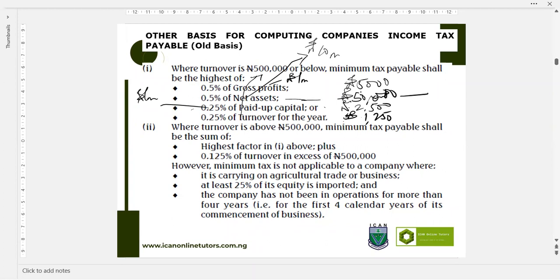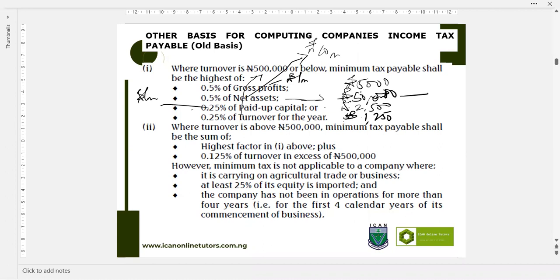The net assets. Okay. So if you do 0.5% of 10 million naira, we have 50,000, which is the highest. Then plus 0.125% of turnover in excess of 500,000 naira.